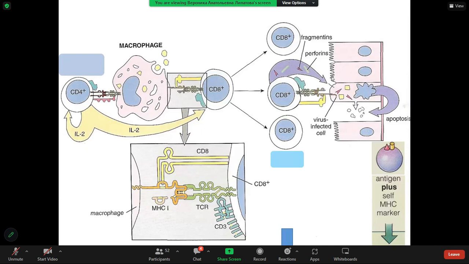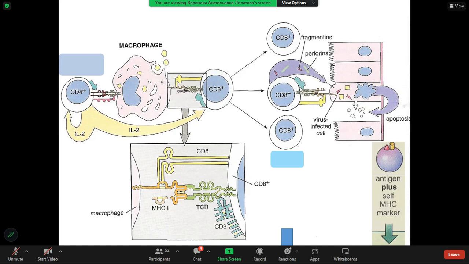And this picture illustrates the lysis of an infected cell. Here we can see an infected cell of the lining of the intestine, and at first this infected antigen is phagocytosed by macrophages.